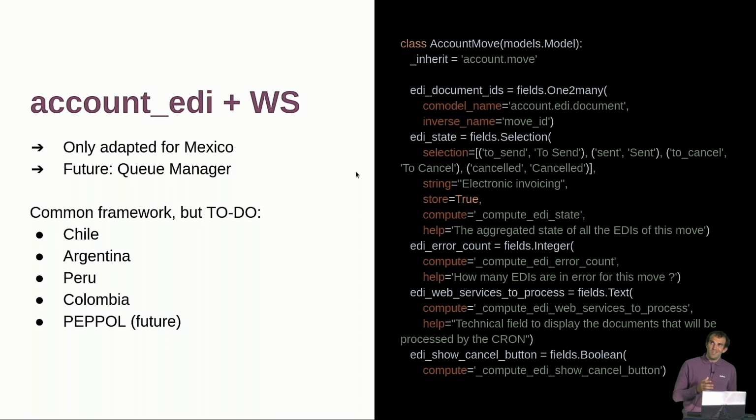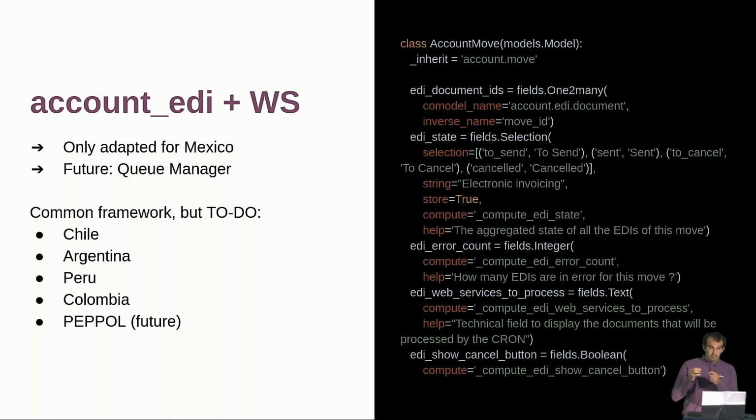But we don't want to have both systems anymore. We want one system where we can say send it immediately, but at the same time we don't want it to stall the validation of the invoice, because sometimes you need to validate a lot of invoices and you don't want that to be stalled by the processing of sending those to the government.